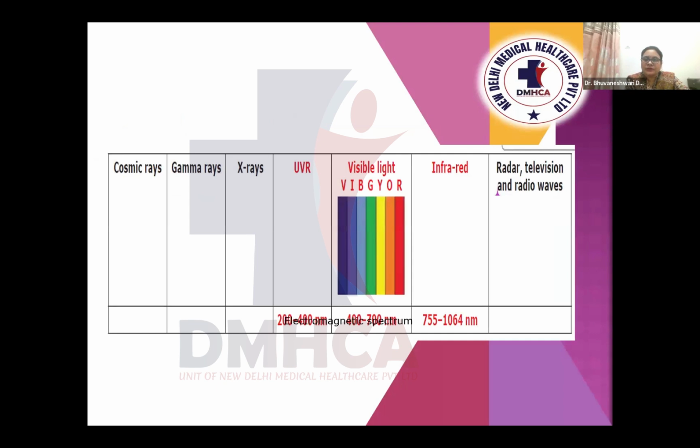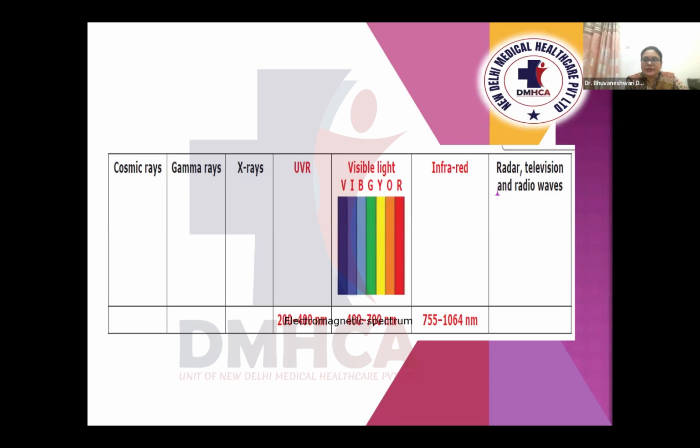This is the photograph showing the electromagnetic spectrum in increasing order of wavelength. The shorter wavelengths are of cosmic rays, gamma rays, and X rays. Then comes ultraviolet radiation, visible light, infrared. At higher wavelengths, we see radar, television, and radio waves.